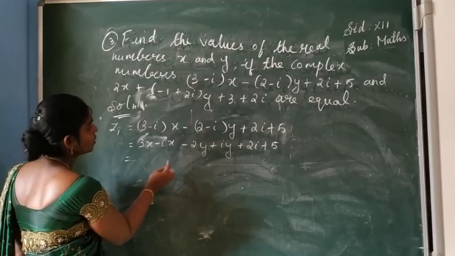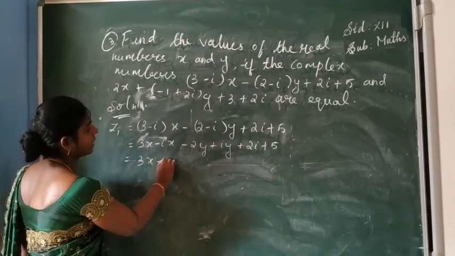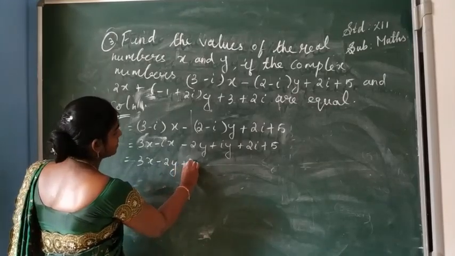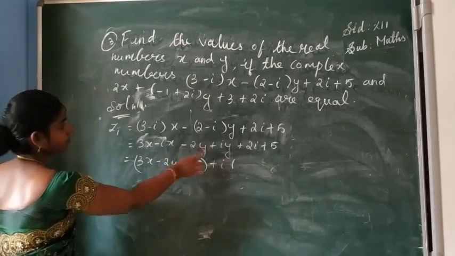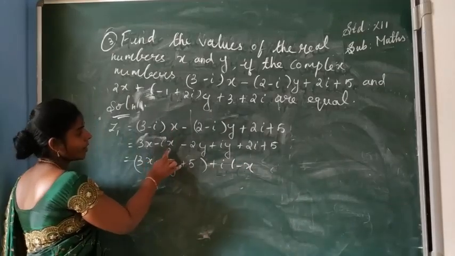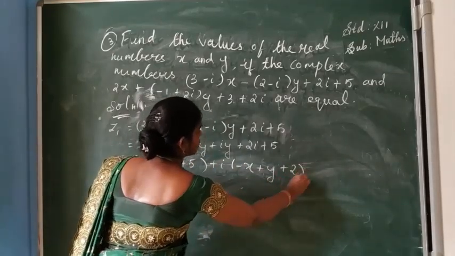That's equal to, we can combine the real part. So 3x minus 2y plus 5 plus i into minus x plus y plus 2.